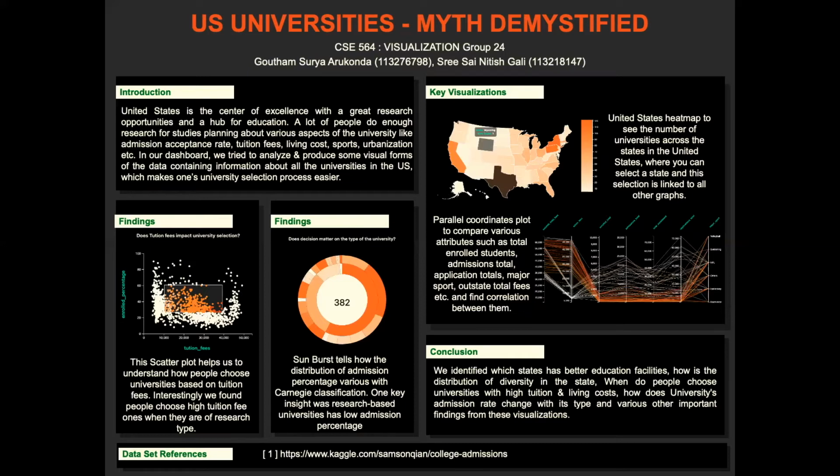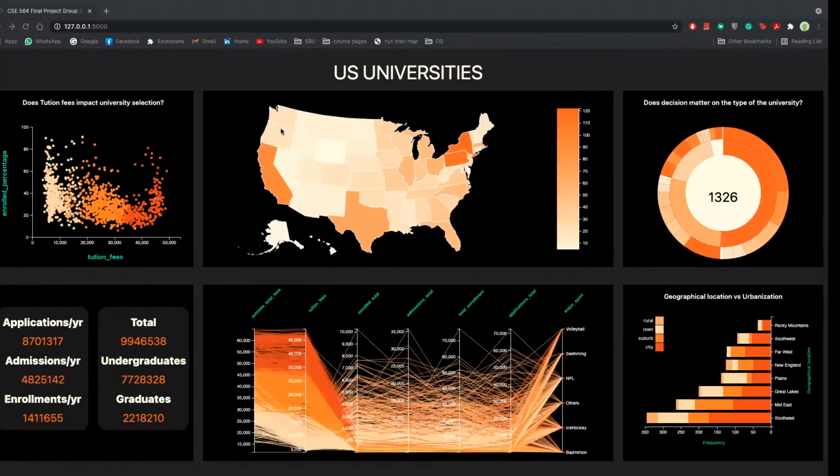The key visualizations I have used in this project are one is choropleth and the other is PCP. Also, I have used scatterplot, sunburst, line plot, etc. for getting better insight. So this is my poster. Let me start my demo.